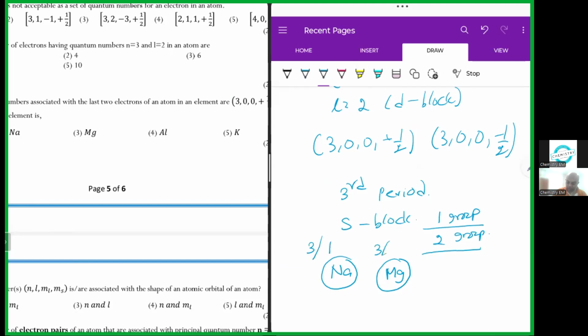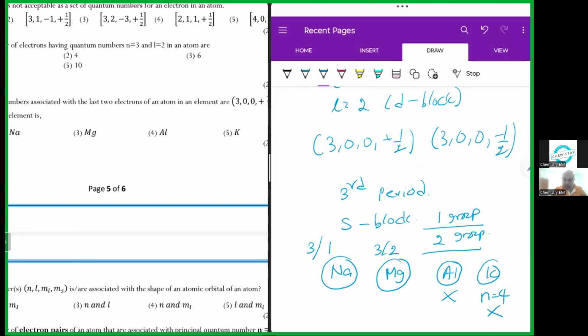Magnesium is third period, second group. Aluminium, third period, third group, but this is in the P block. So aluminium is not a candidate. Then potassium. Potassium is in the fourth period. So N is equal to 4 here. So this is also not a candidate.